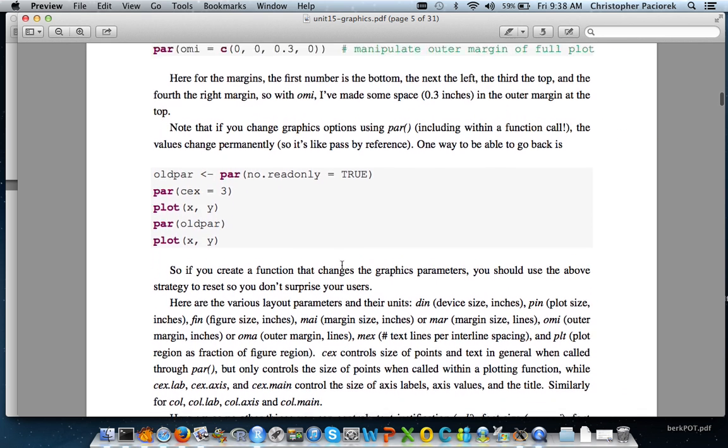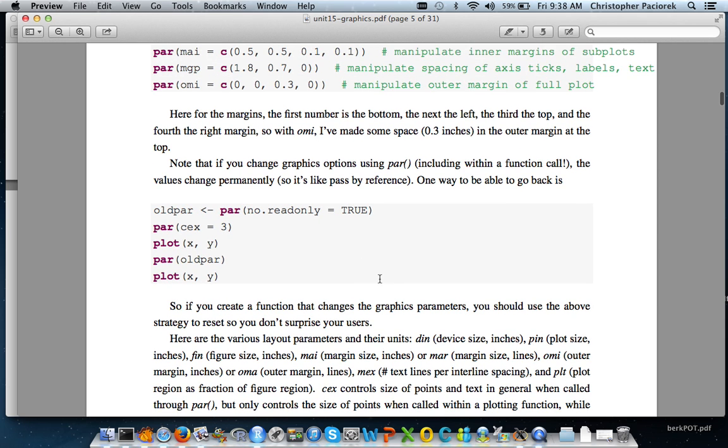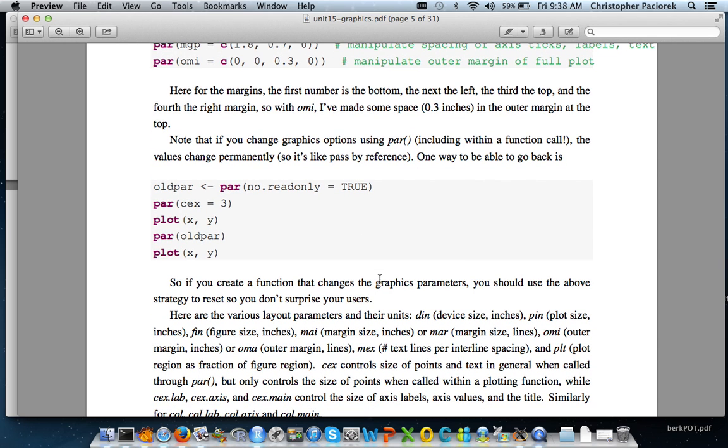So I think that's all I'll say about that. There are obviously a ton of different details in here; if you look at the help on the par command, it gives you a whole laundry list of things that you have control over.